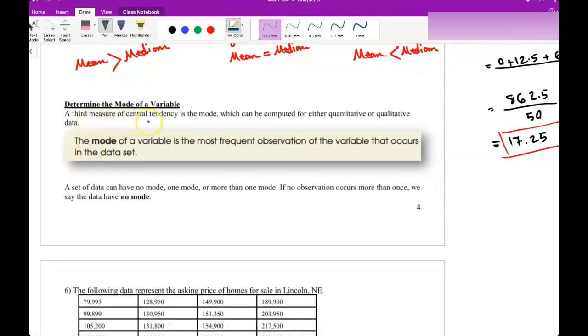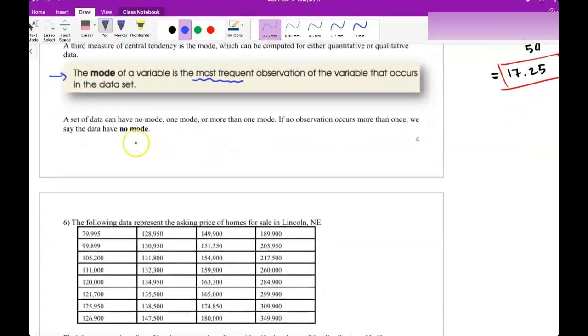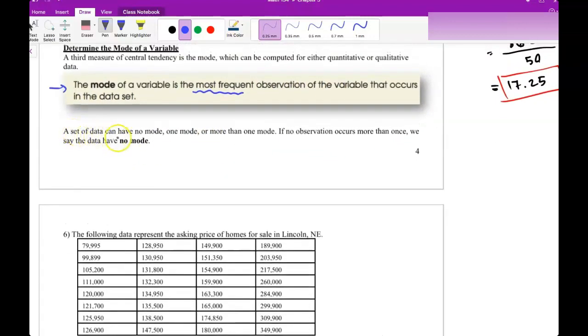Determine the mode of a variable. So that is, the mode of a variable is the most frequent observation of the variable that occurs in the data set. A set of data can have no mode, one mode, or more than one mode. If no observation occurs more than once, we say the data have no mode.